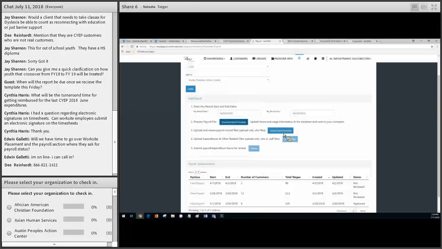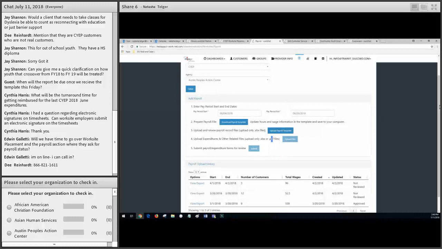And from there, that'd be something you guys could download and review, right, to match to what we submit through our payroll department? Yep. Then it'll say upload the payroll template. So you save it to your desktop or wherever, and then you upload the payroll template. If you wanted to upload any other files with it, you can.